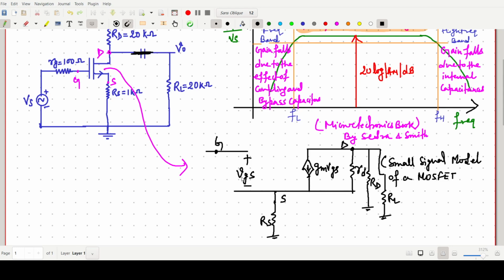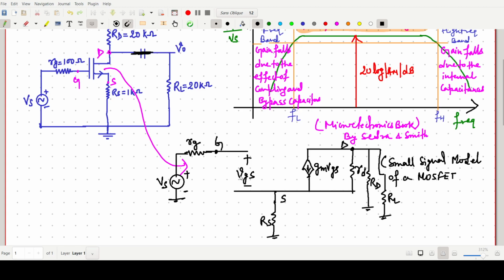So this one is clear. Now there is one more resistance across the gate, which we can write as RG, and one voltage signal source, Vs. Now this is the small signal model of this circuitry.